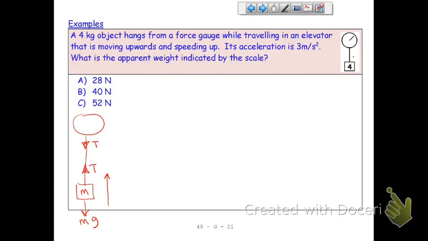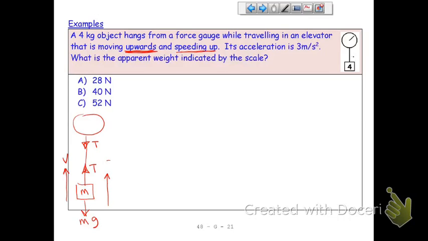We've got to get the direction of the acceleration. The object hangs from a force gauge while traveling in an elevator that is moving upwards. So my velocity is upwards and speeding up. What must my direction of acceleration be?